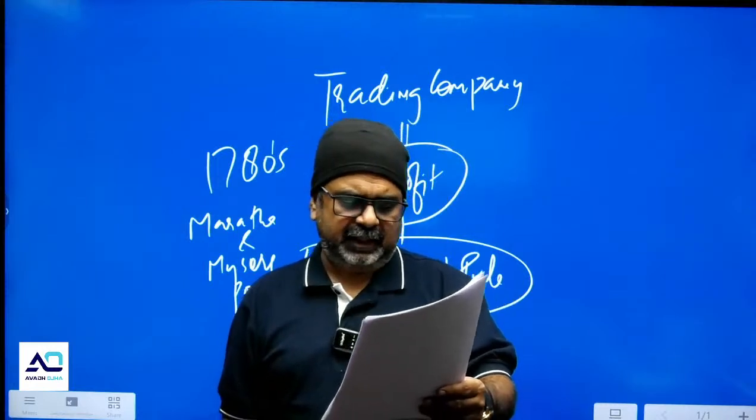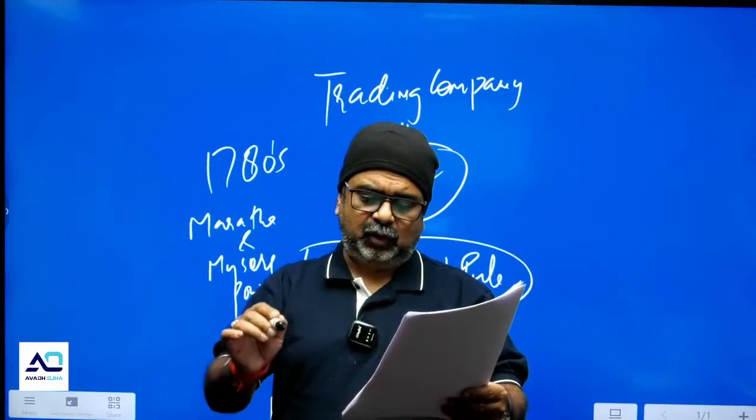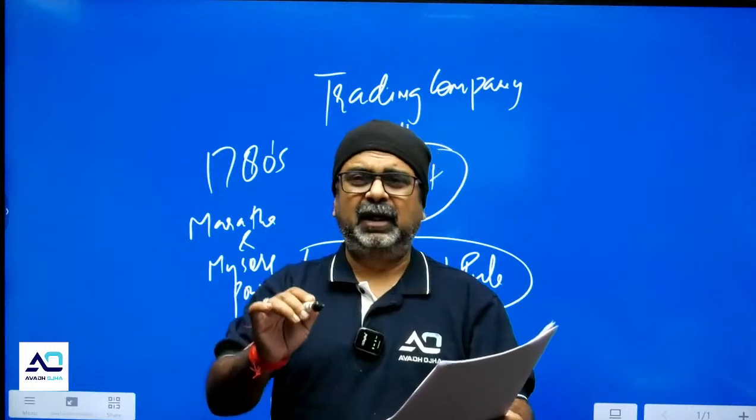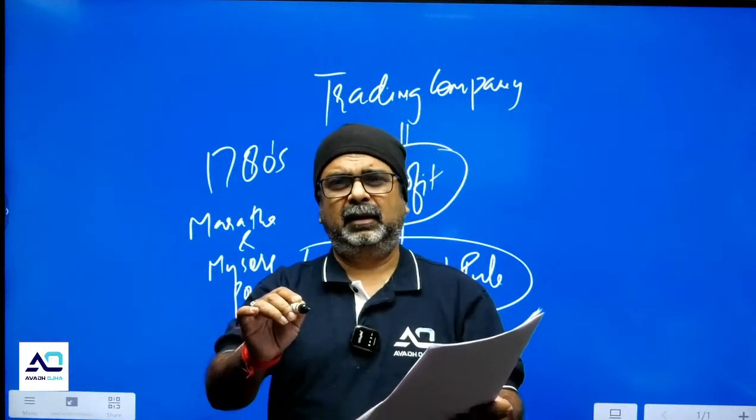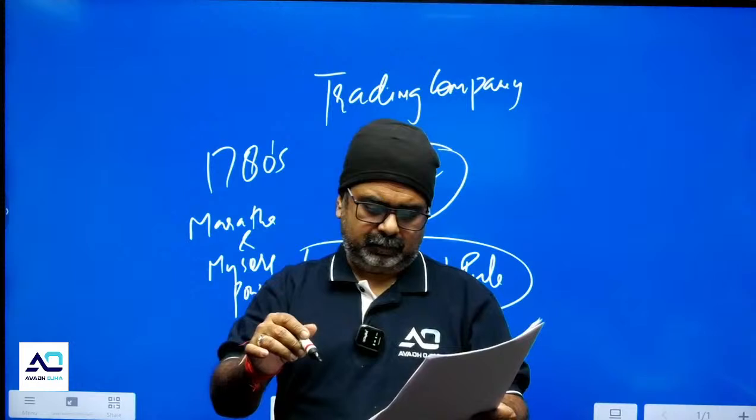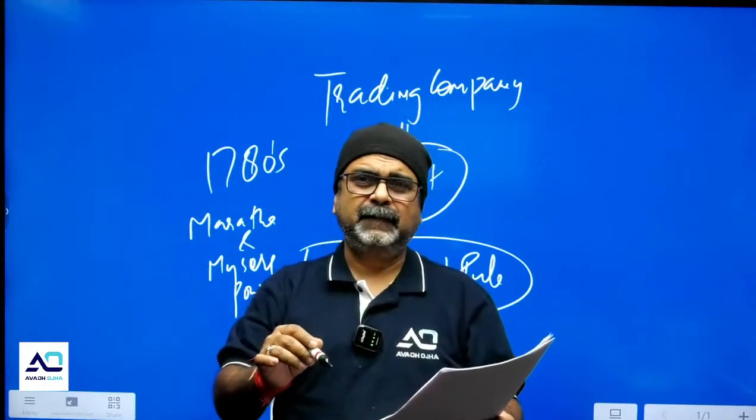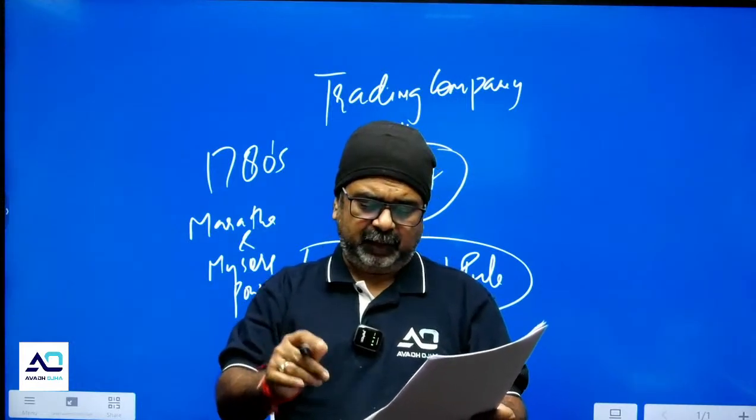EIC's possessions in India came under the strict control of the Board of Control, which was a parliamentary body created by British Parliament.